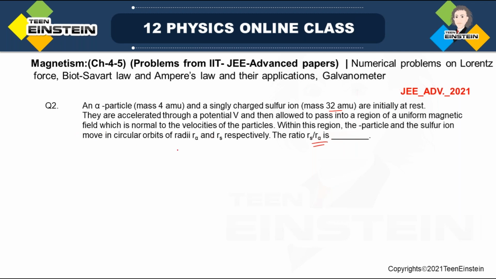So the question I'll repeat once again. This is a very simple question, but sometimes you may feel it tough to understand by reading this many lines. So an alpha particle has mass m equal to 4 mu, and its charge q alpha is 2.